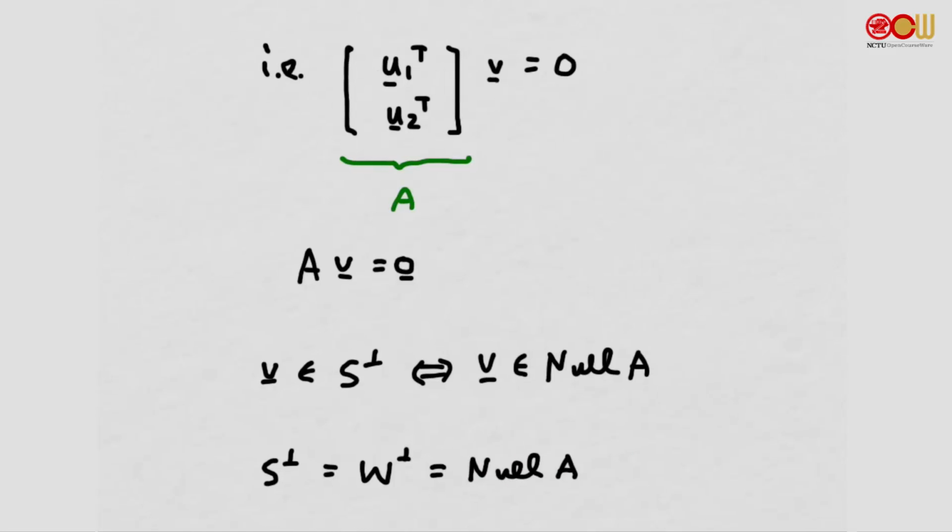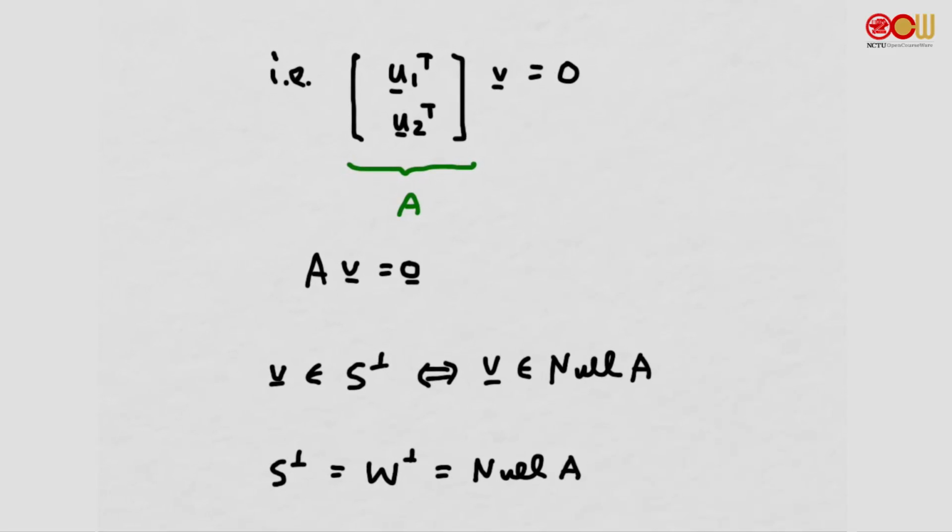On the other hand, we can take another look at this construction. We see that the row vectors of A are U1 transpose and U2 transpose. So how would W, which is the span of U1 and U2, be related to A?